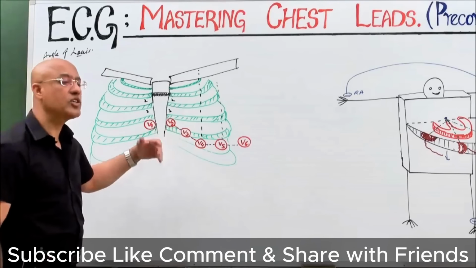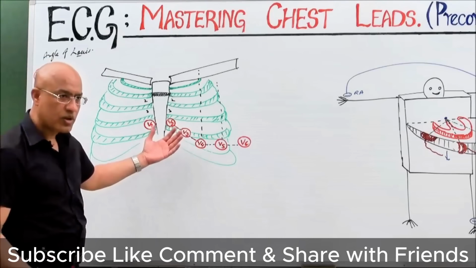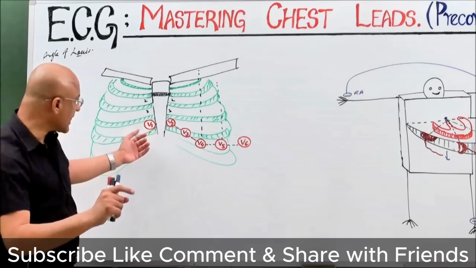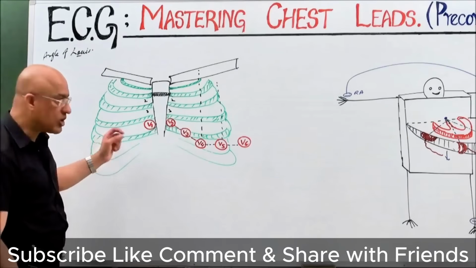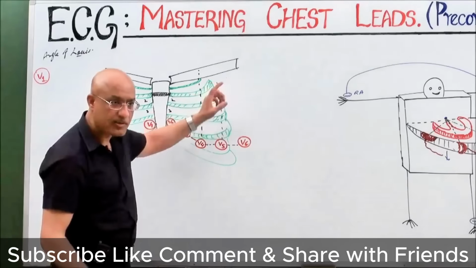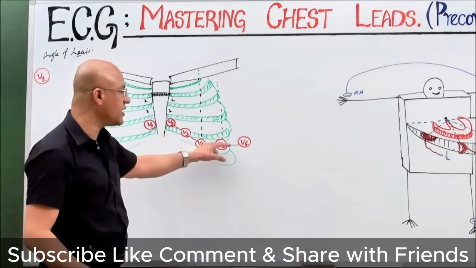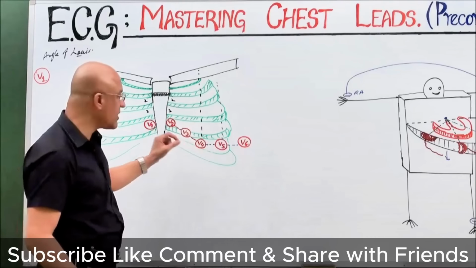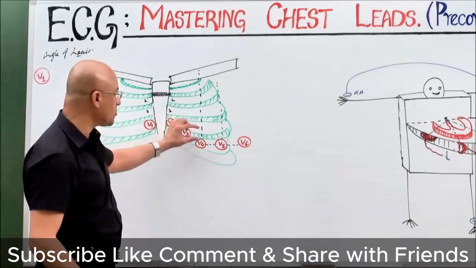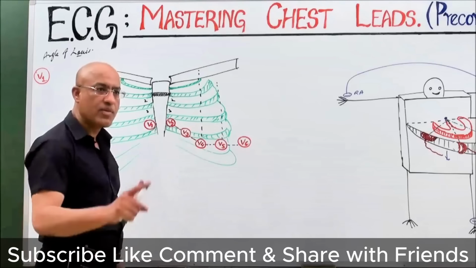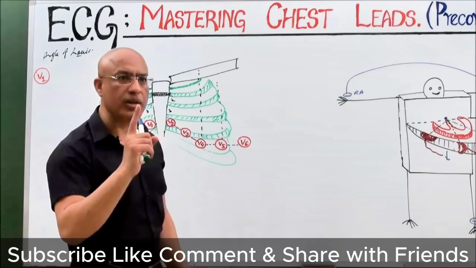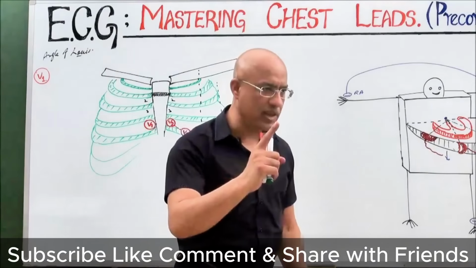There are some additional chest leads also, which I will not talk about now, but they can be applied more to the right side or more posteriorly. We will not discuss those now. So these are the 6 standard chest leads and the specific sites where you place the exploring electrode.